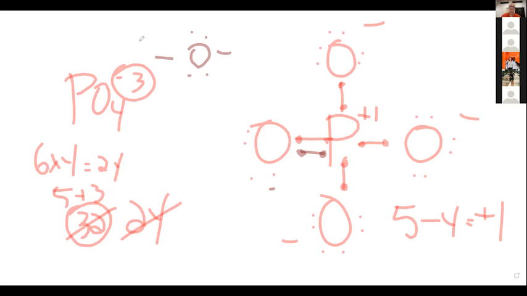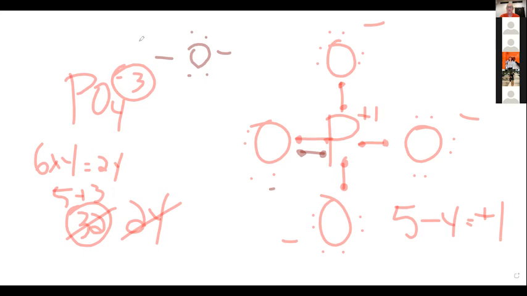So now, how many valence electrons does phosphorus have? Is it 10? There's a total of 10, that's right, which is allowed because it's in the 3rd row, so it can break the octet rule.